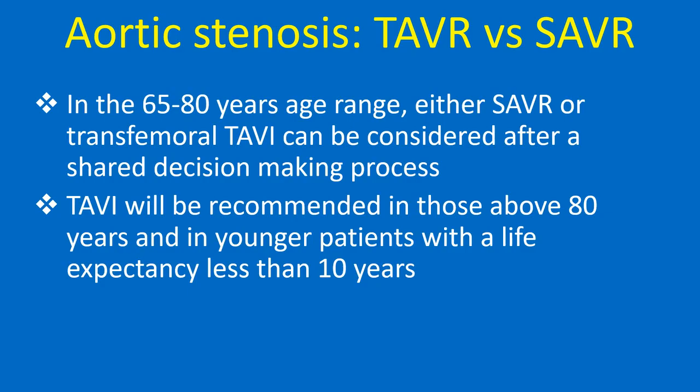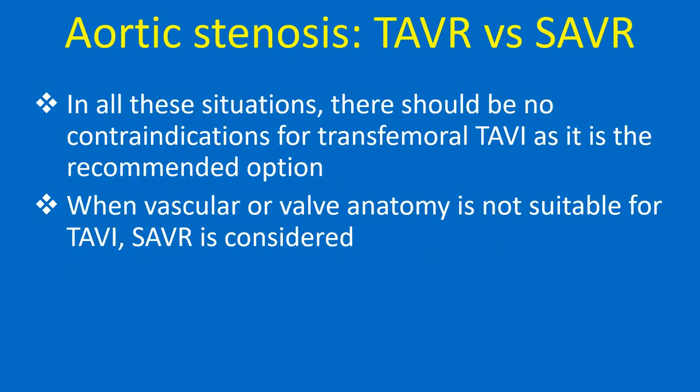In the 65 to 80 years age range, either SAVR or transfemoral TAVI can be considered after a shared decision-making process. TAVI will be recommended in those above 80 years and in younger patients with a life expectancy less than 10 years. In all these situations, there should be no contraindications for transfemoral TAVI as it is the recommended option.